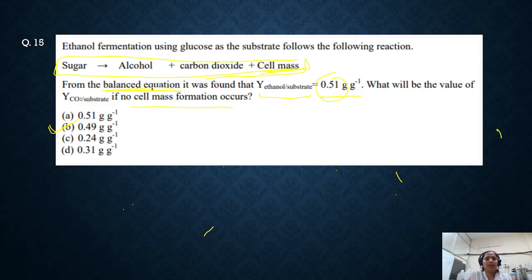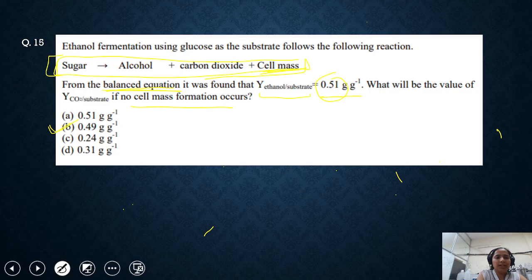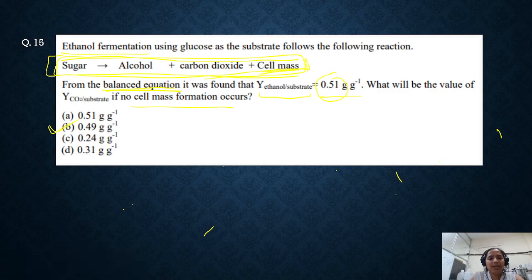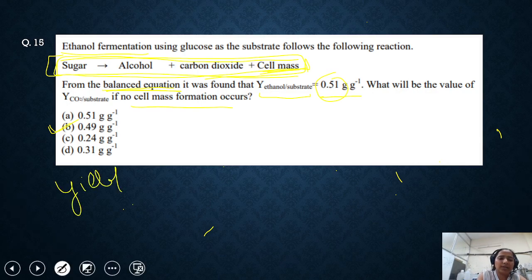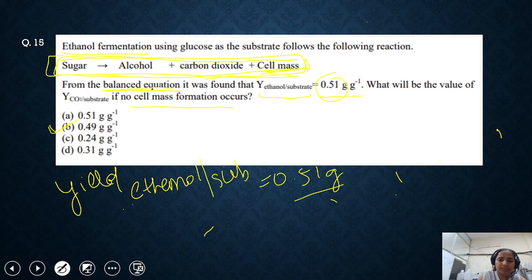They have given that ethanol fermentation using glucose as a substrate follows the following reaction. If you see any ethanol fermentation, this is the general reaction that occurs. From the balanced equation, when you balance this equation, it was found that Y, meaning yield, meaning how much is forming, Y ethanol upon substrate, is 0.51 gram per gram.